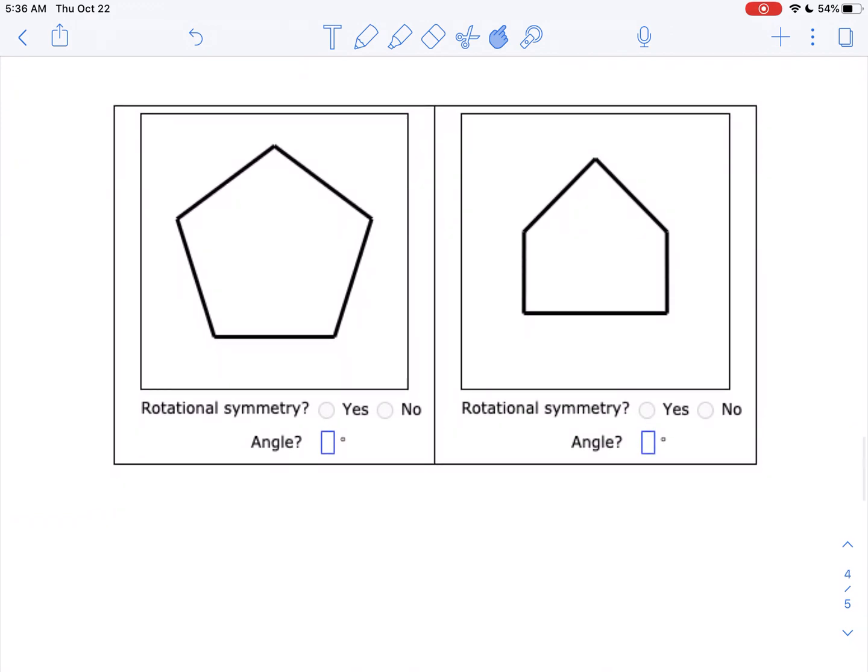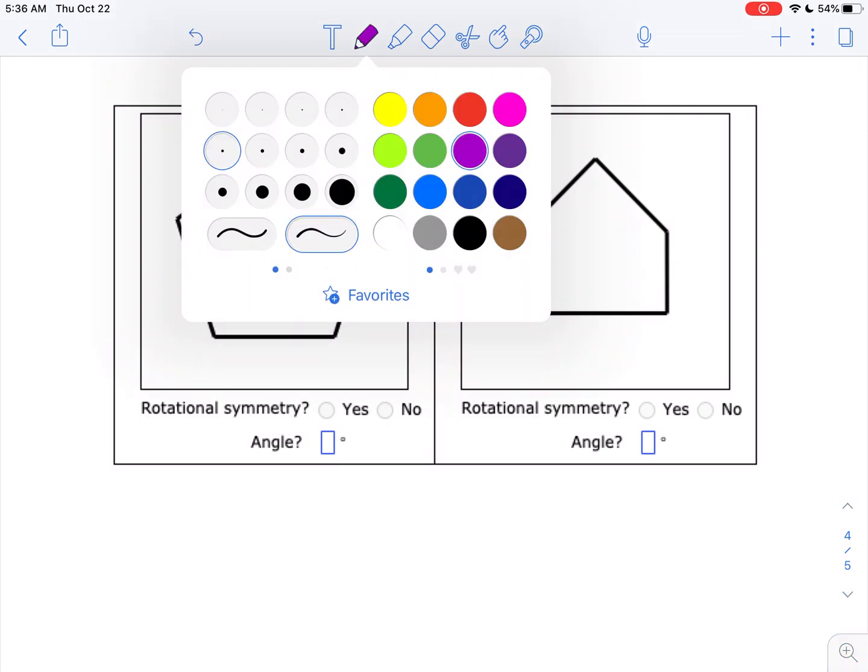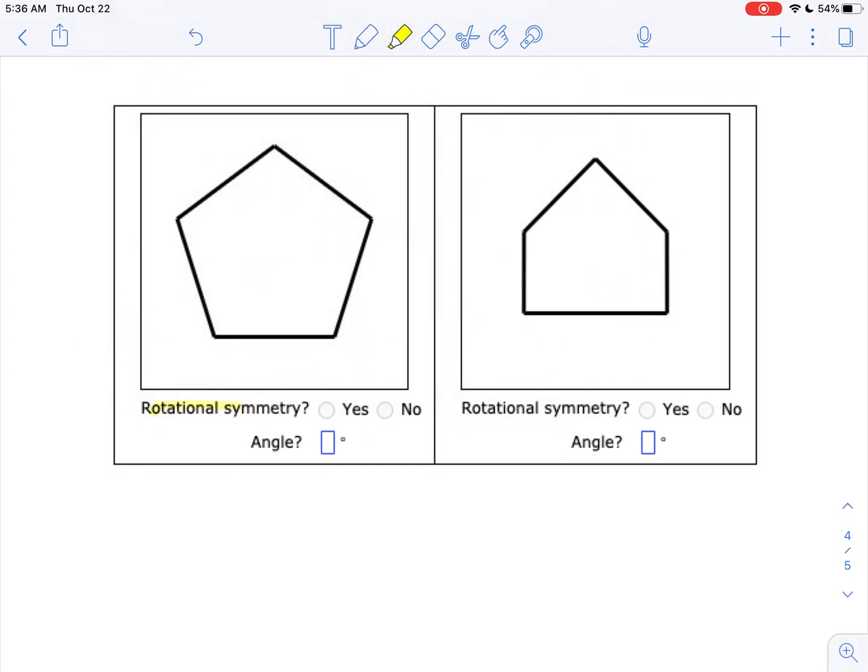And this one, first of all, notice it's a regular polygon, the one on the left I'm talking about. So let's take a look. Yes, it has rotational symmetry because I can turn it so it matches onto itself. Now let's find the angle.